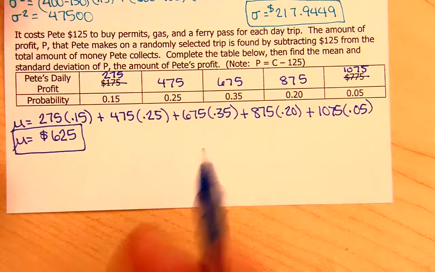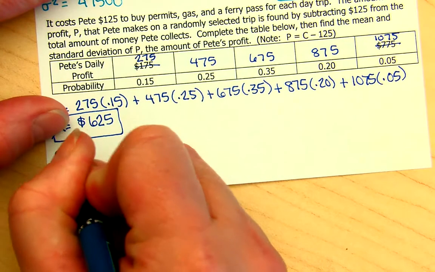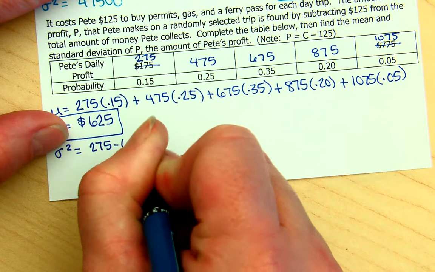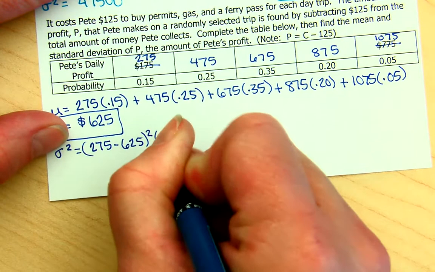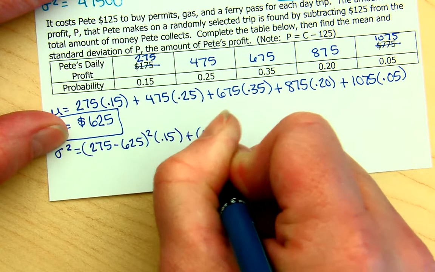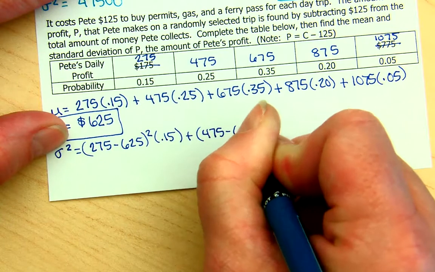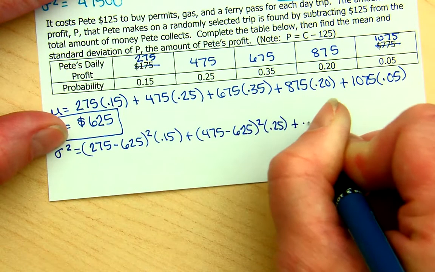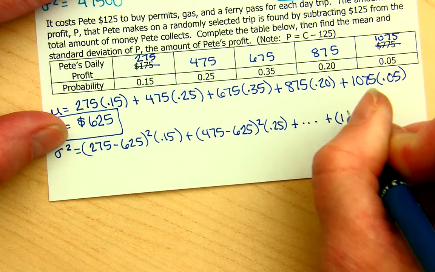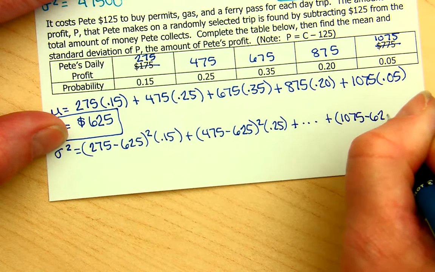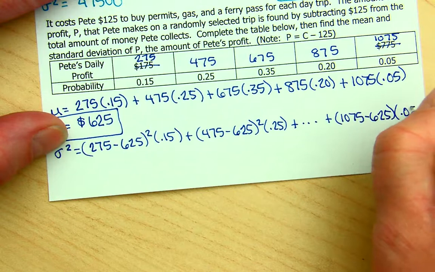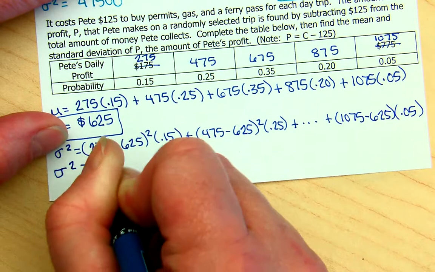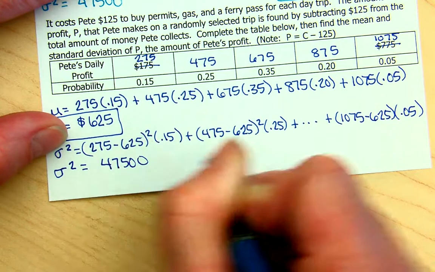Okay? So, if I show my work, variance is still 47,500.